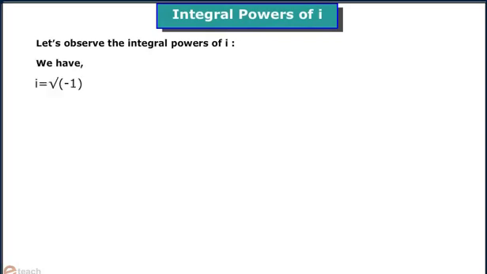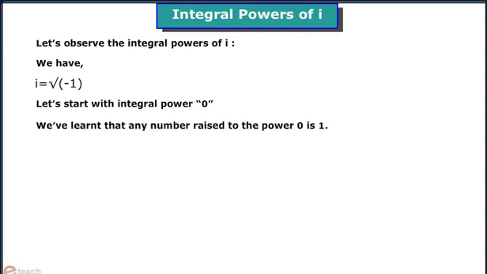Let us study about integral powers of iota. Let us observe the integral powers of iota. We have iota equals under root of minus 1. Let us start with integral power 0. We have learned that any number raised to the power 0 is 1. This applies to imaginary numbers as well.